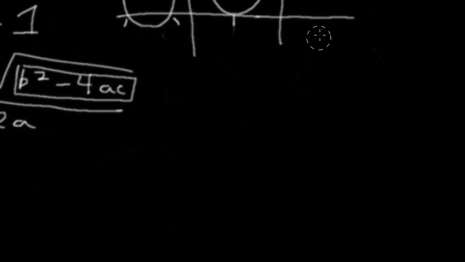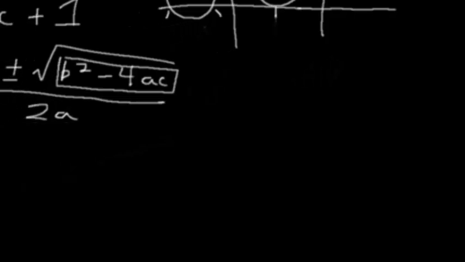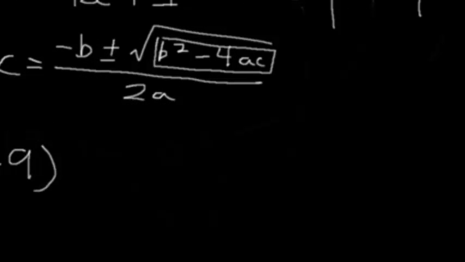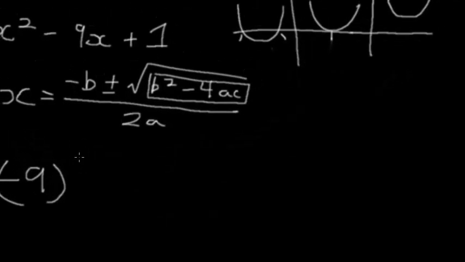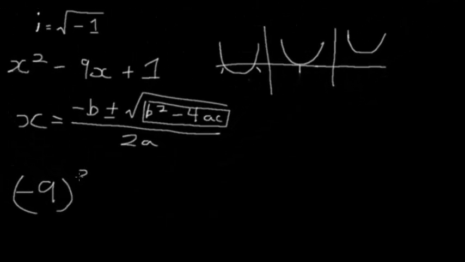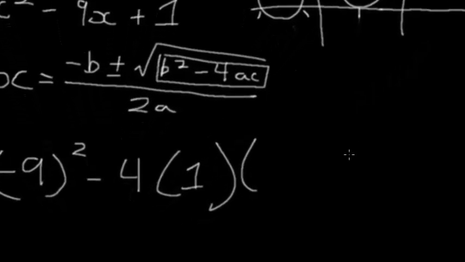So if we put our equation into the discriminant, we get negative 9 squared, because negative 9 is b, to the power of 2, minus 4ac, so 4 times 1 times 1.